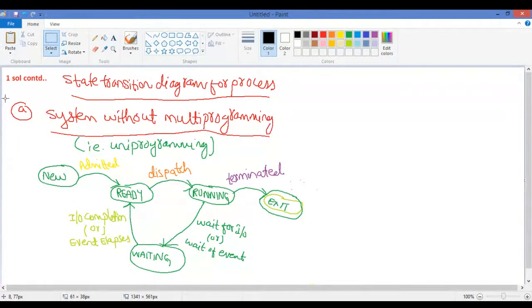Okay. Now I will go for case B, system with multi-programming.